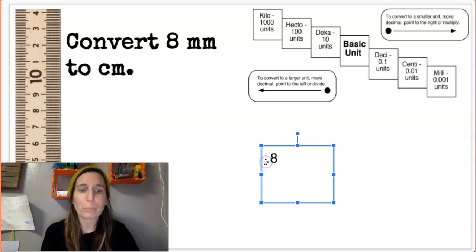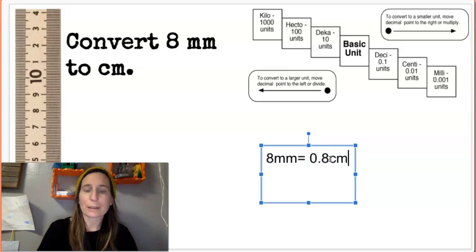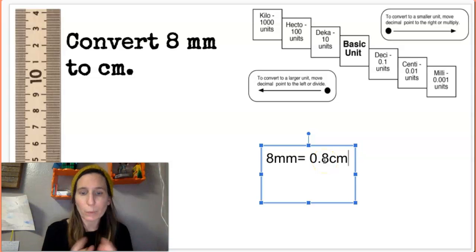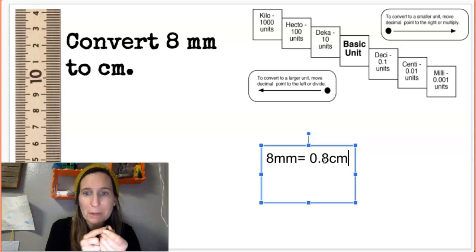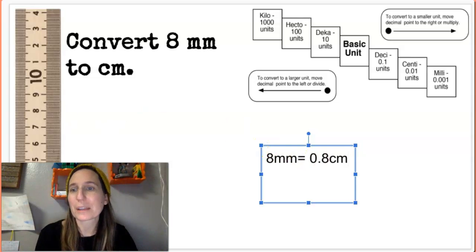So 8 millimeters is equal to 0.8 centimeters. Then you can ask yourself if that makes sense. Is 8 millimeters less than 1 centimeter? Yes. 1 centimeter, remember, is about the width of a pencil, and 8 millimeters would be 0.8, or 8/10, across that pencil.